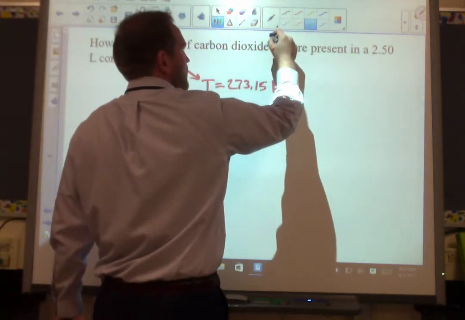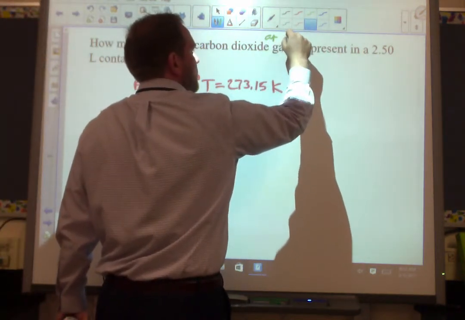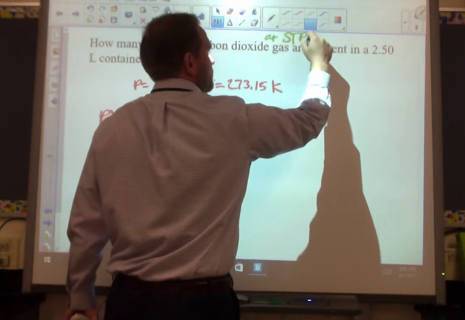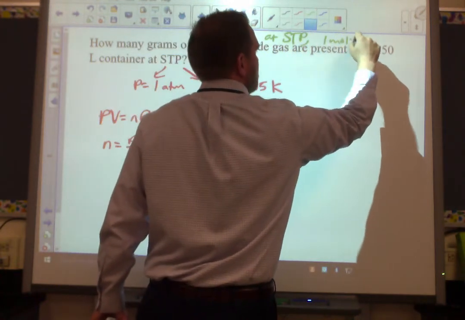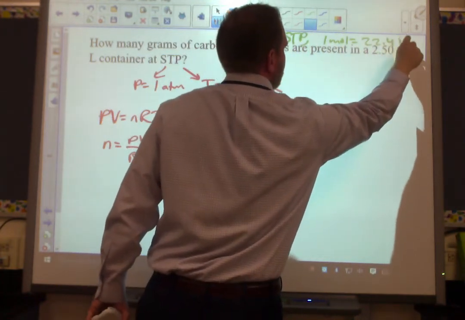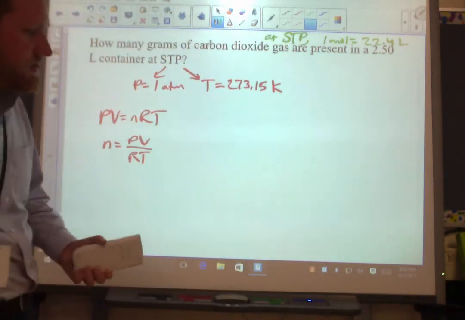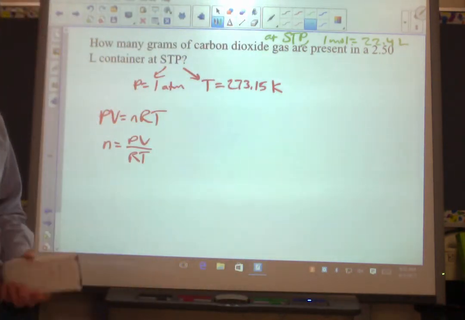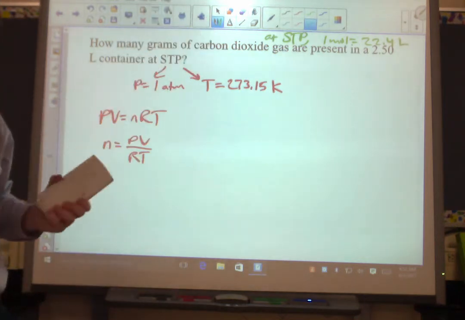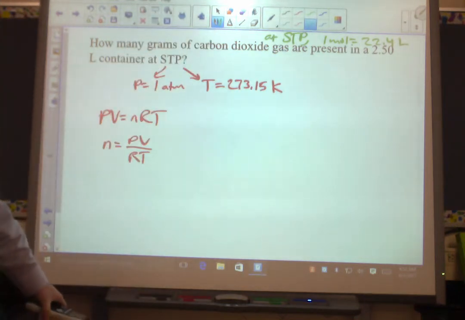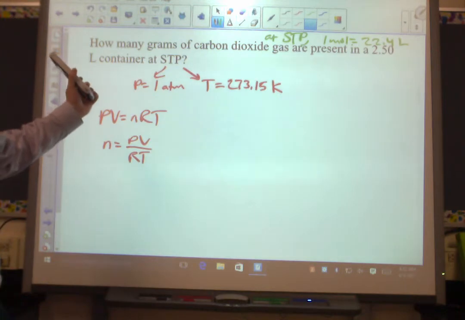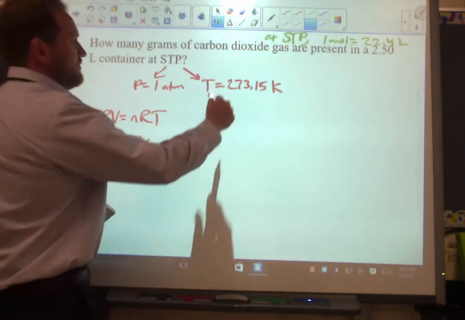And the STP shortcut goes like this. At STP, 1 mole equals 22.4 liters. That's true for any gas. All gases occupy the same volume per mole regardless of their identity, and at STP, that volume is 22.4 liters. So what we're going to do here is just use that as a conversion factor.